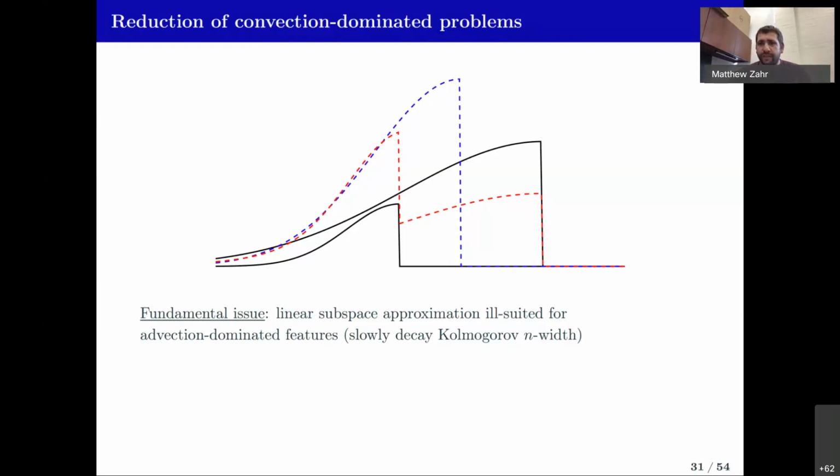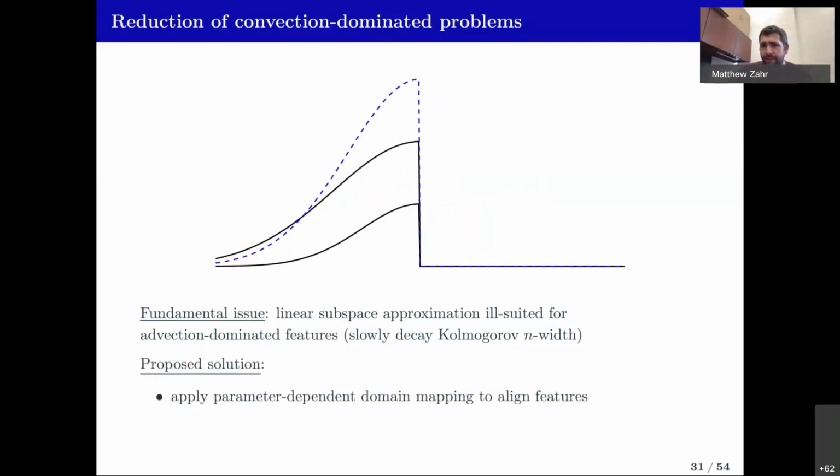So what we do instead is we map all of these to a common reference domain. It's going to be a different mapping applied to each one, but we do it such that all of these shocks and discontinuities align with each other in a fixed reference domain, using the same ideas of an underlying mesh domain deformation.